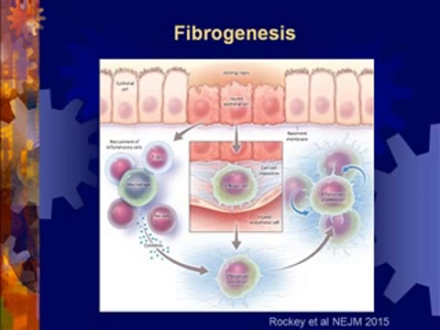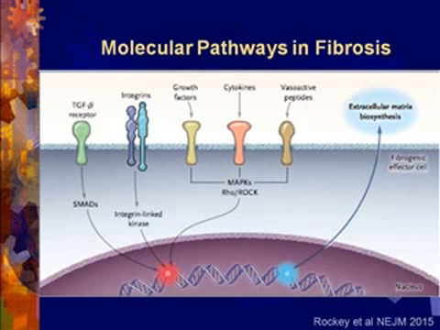Now, there are many cytokines involved in this whole process. It's not a very straightforward, simple thing, but the basic thing is that there is a fibrogenic effector cell which leads to development of the fibrosis. And this fibrosis occurs in all the organs that we know of.